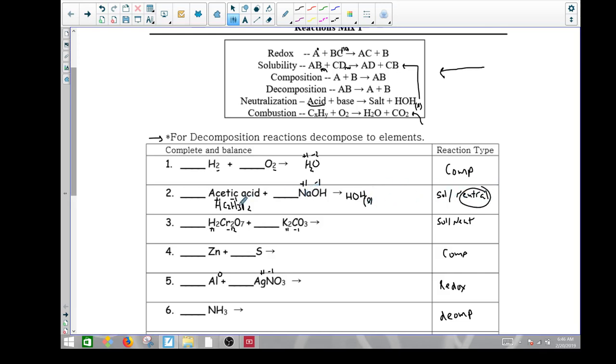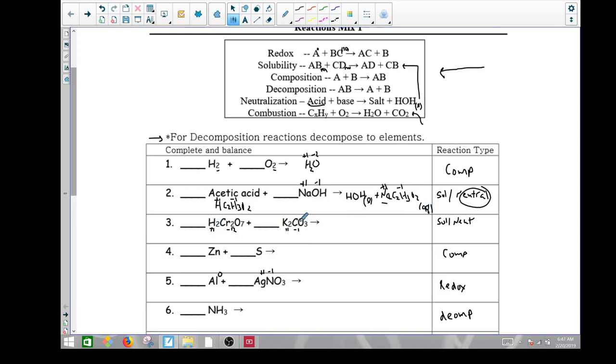And I get Na and the acetate together, NaC2H3O2. This is a +1 and a -1. Okay, so that's charge balance. And because I have a quick solubility guide, this is going to be aqueous. It doesn't have to be aqueous. It could be solid. In this case, it is aqueous.